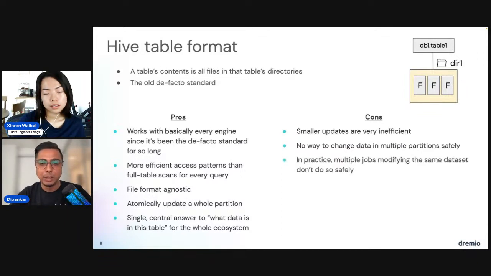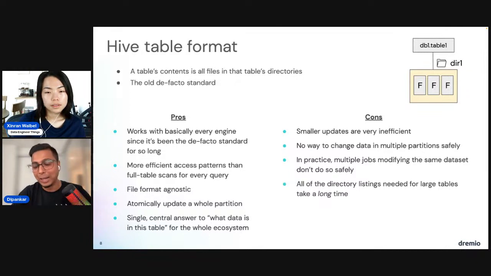The same thing applies with multiple jobs modifying the same data set. Although different engines could read data from the same data set, those guarantees were not really present with the Hive table format. Also, in the Hive table format, like we saw, the files are under folders, but engines can only read files, not directories. So engines would take a really long time, going under each directory, opening each file, reading the content and closing the file.